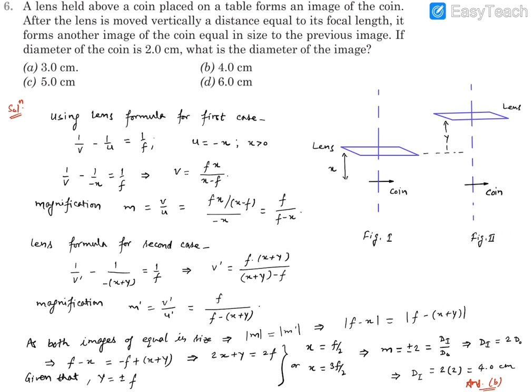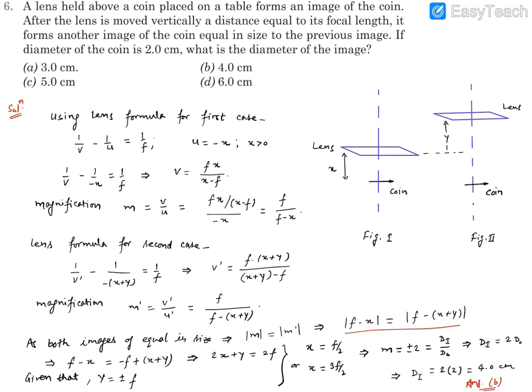We can certainly say that if the size of the images are identical, and of course we are using the same object, that means magnification should have the same magnitude. So magnitude of m must be equal to magnitude of m prime. When we equate these two numbers, f will get cancelled out, and ultimately we will have to equate these denominator magnitudes. Then we can have a plus and minus.